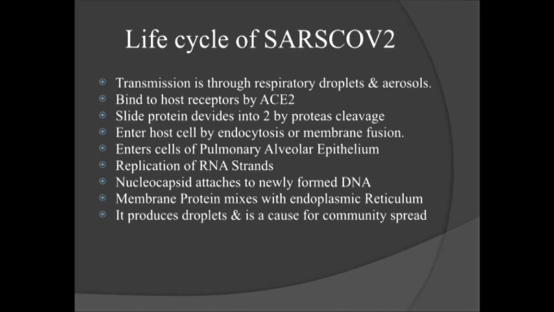It enters the cells of the pulmonary alveolar epithelium, and replication of RNA strands happens there. The nucleocapsid attaches to newly formed RNA, and membrane protein mixes with the endoplasmic reticulum. It multiplies within the cell and produces droplets, which cause community spread. Next.